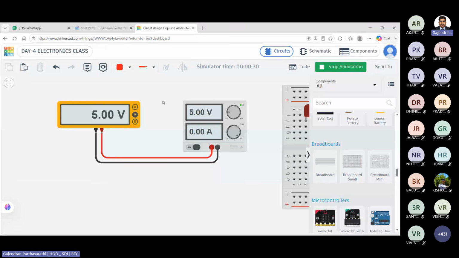Muhammad Irfan, welcome to the electronics class. If you are in the WhatsApp community, at the end of the class, go through the day 2 and day 3 class content.